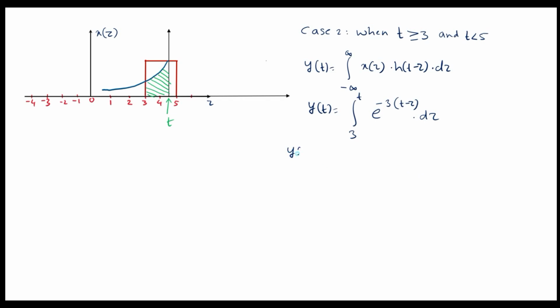Therefore, y of t is equal to integration from 3 to t of e power minus 3t e power 3 tau d tau.